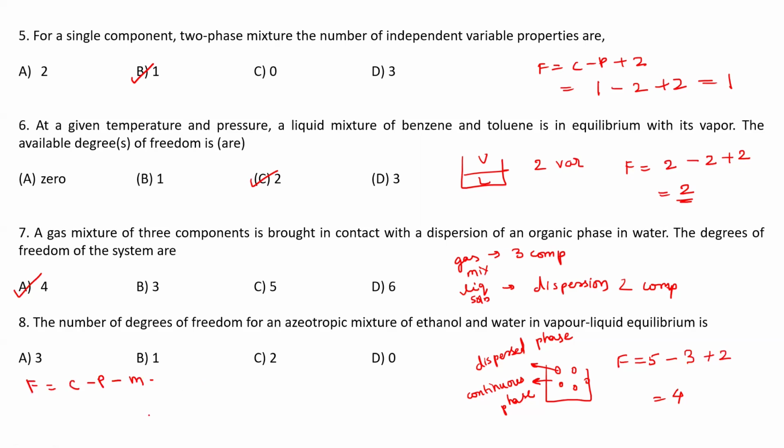Okay. Here, M is the number of independent relations. S is the number of restrictions.